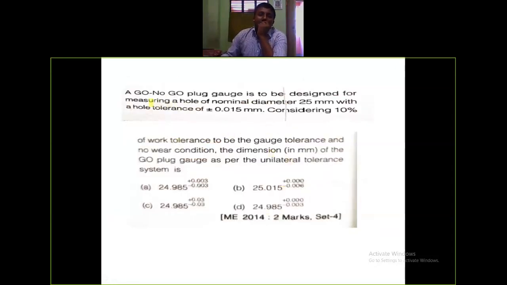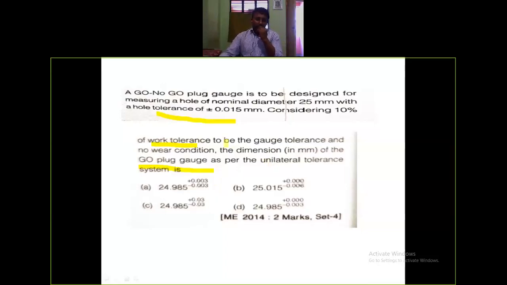Again, one simple question. A go and no go plug gauge is to be designed for measuring a hole of nominal diameter 25 millimeter with a hole tolerance given. Considering 10% of the work tolerance as the gauge tolerance, and no wear condition is given, so we don't have to consider wear tolerance. We have to find out the go plug gauge as per unilateral tolerance. Unilateral tolerance means the tolerance is provided on one side.